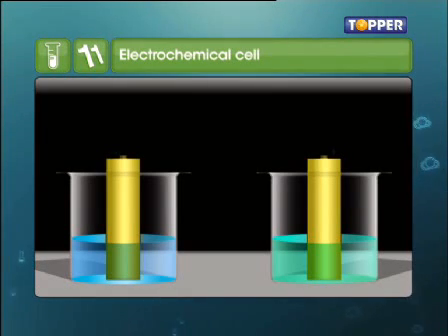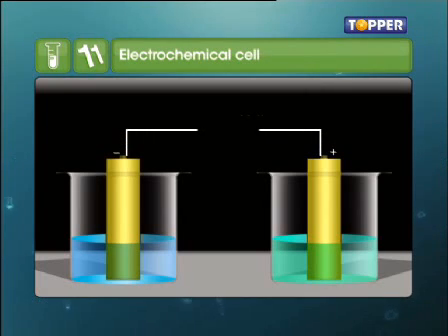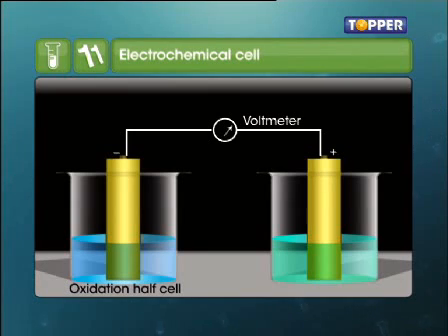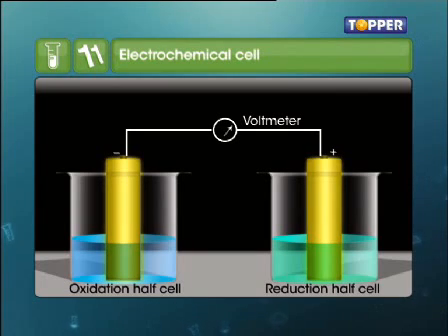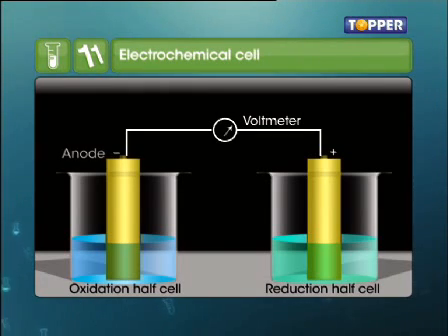The half cell in which oxidation takes place is called an oxidation half cell, and similarly, the other half in which reduction takes place is known as the reduction half cell. The metal rods seen in the apparatus are known as electrodes and they emit, control and receive electricity. The electrode at which oxidation occurs is known as the anode.